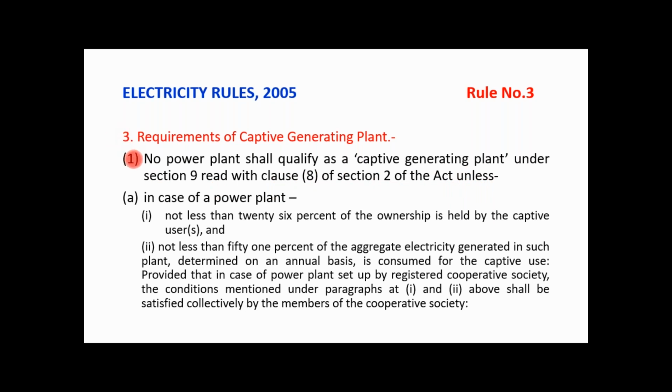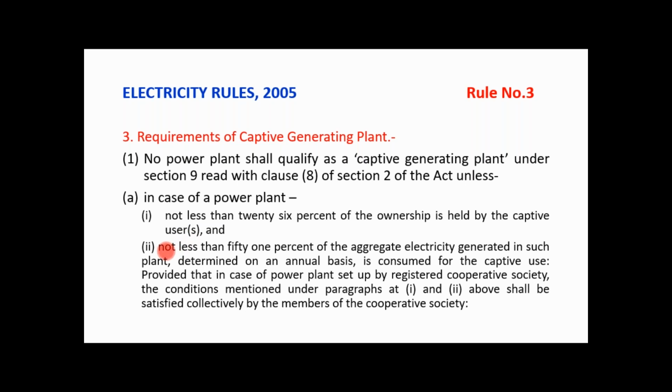Under rule number 3, sub-rule 1, point A, in case of a power plant, not less than 26% of the ownership is held by the captive users. So we can't say that this is a captive generating plant unless 26% plus ownership is held by the captive users only.